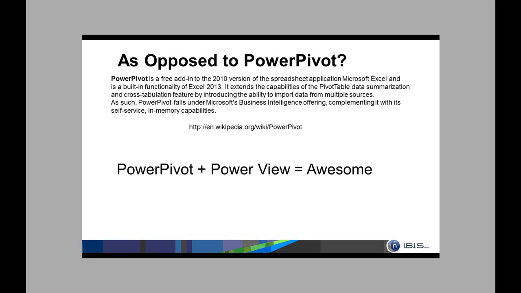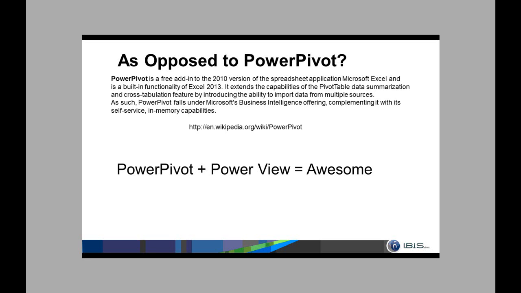And I referenced PowerPivot in my previous definition, so I felt it was only fair to define PowerPivot as well. It's a free add-on to the 2010 version of Excel. It extends the capabilities of pivot table data summarization and cross-tabulation features by introducing the ability to import data from multiple sources, which I talked about a little bit ago.